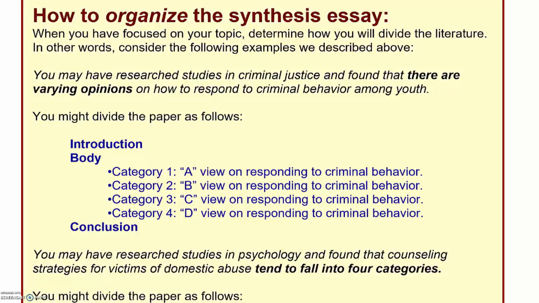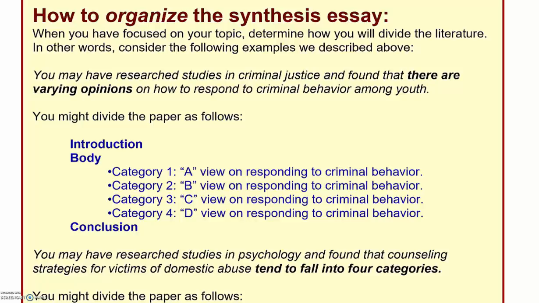You may have researched studies in criminal justice that found there are varying opinions on how to respond to criminal behavior among youth. So therefore, you might divide your paper as follows. You've got an introduction, and then the body of your paper could be Category 1, A view on responding to criminal behavior, Category 2, B view on responding to criminal behavior, Category 3, C view on responding to criminal behavior, and Category 4, D view.